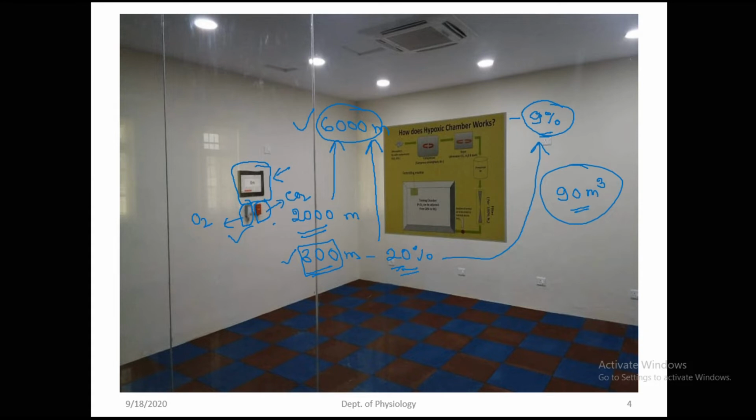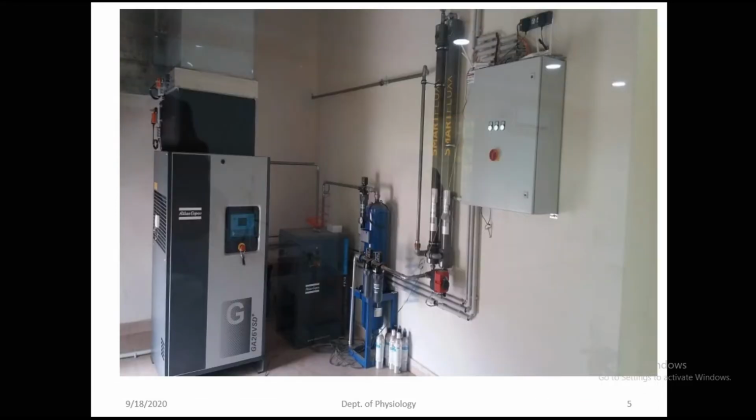Everything in the hypoxic chamber can be manipulated or monitored through this simple tab-like gadget, where we can see the complete applications of hypoxic chamber training. This is the machinery of the hypoxic chamber, just behind this room, and I would like to explain what these gadgets are. This is a compressor.